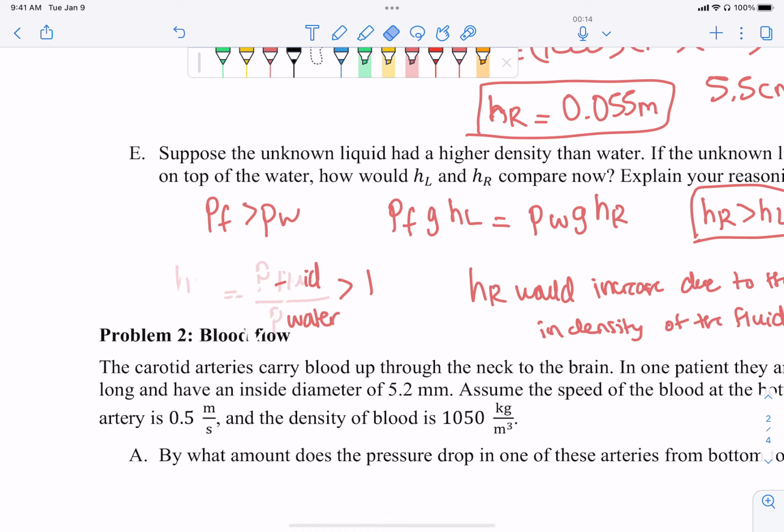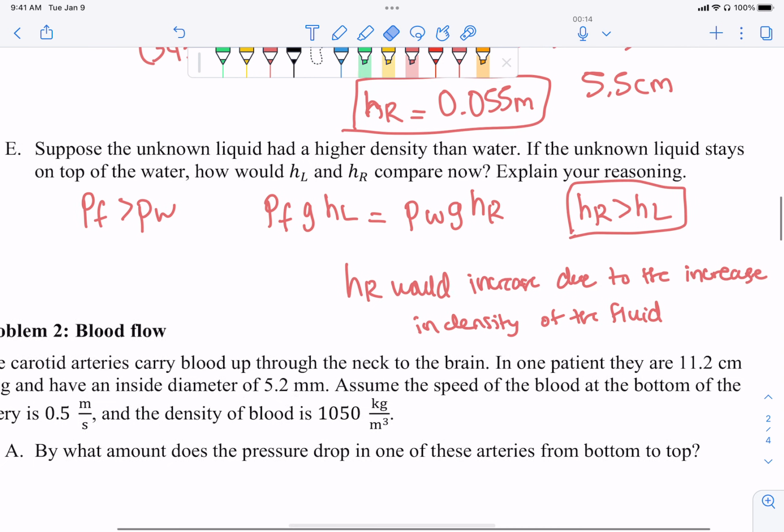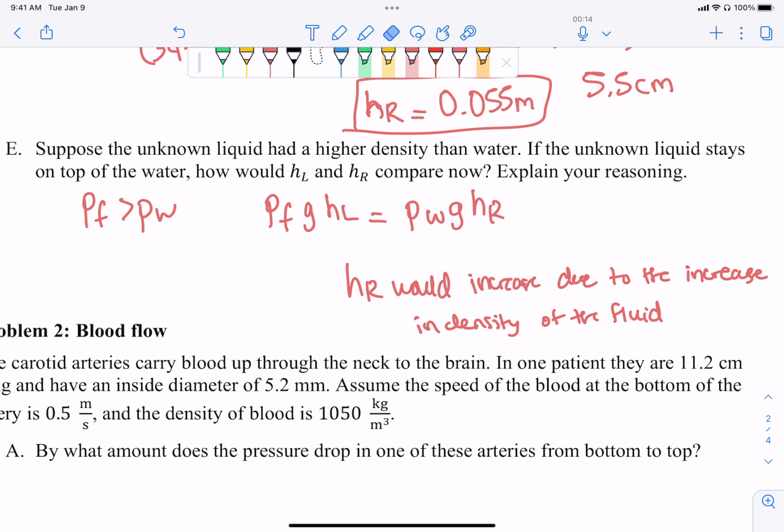Forget it. You don't have to say which one is greater than the other. It's just saying what would increase or decrease, or stay the same. Well, that's what you meant, HR over HL?